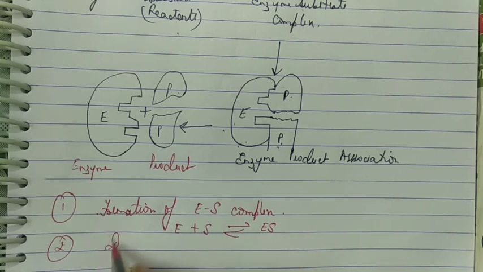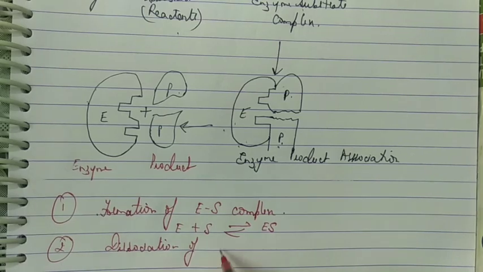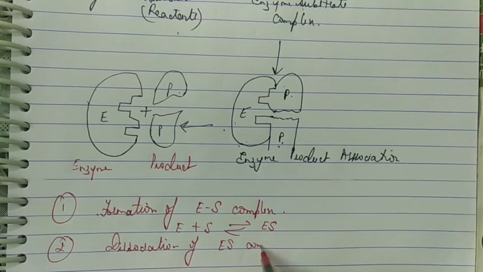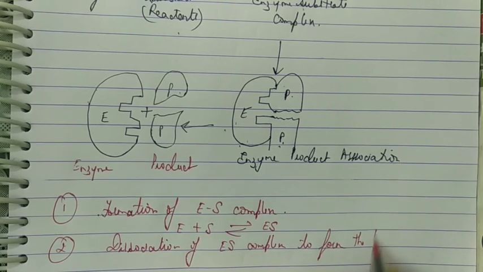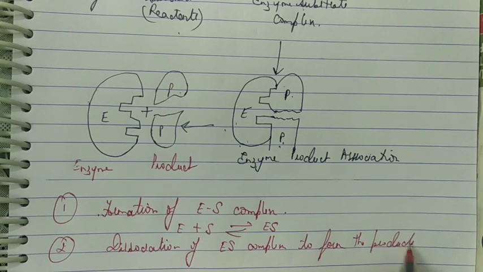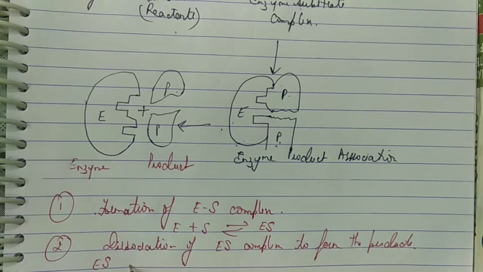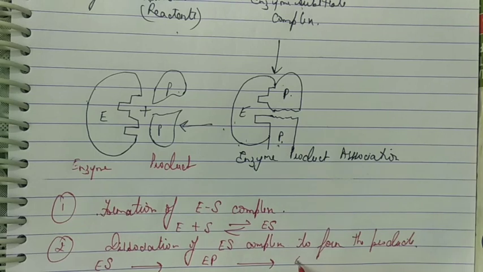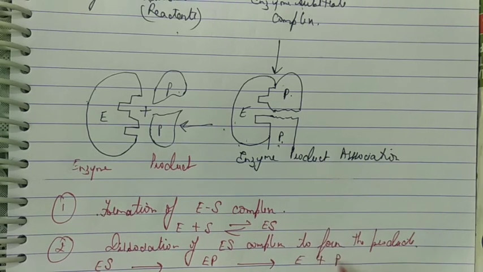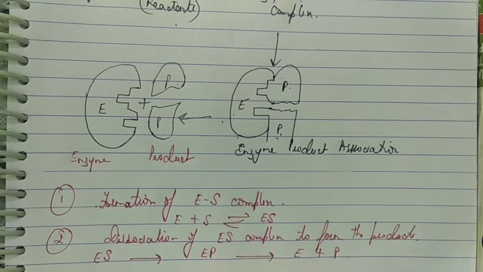After that, dissociation of enzyme substrate complex to form the products. This enzyme substrate complex will dissociate into enzyme product association, which will further lead to the separation of enzyme and product. So this was all about lock and key mechanism for the enzyme catalysis.